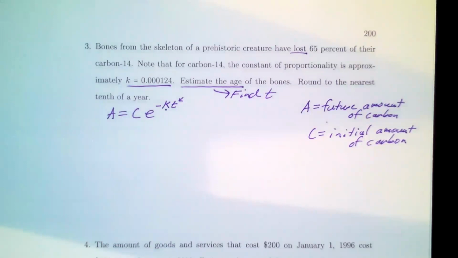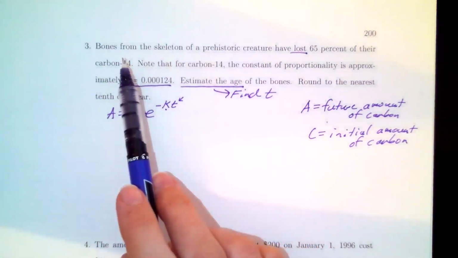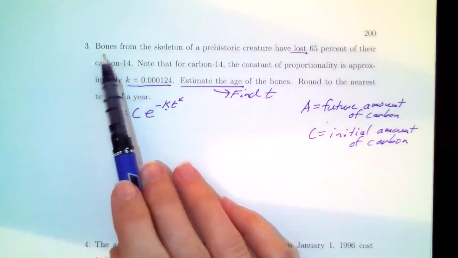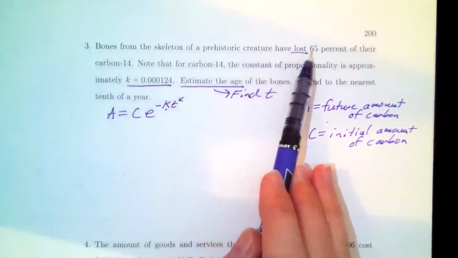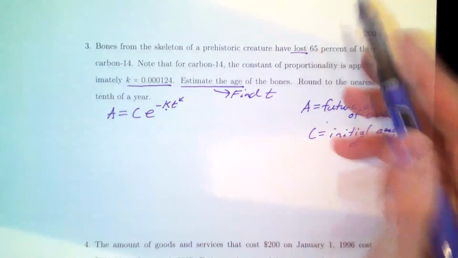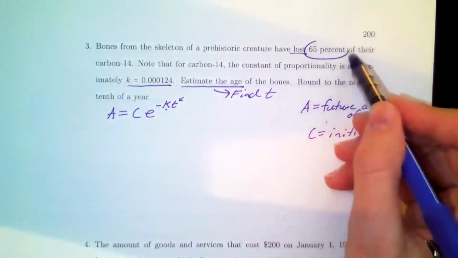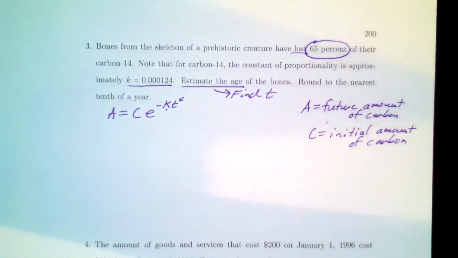The one thing it does tell me is that this creature has lost 65% of the carbon. Now that is a percentage, it's a ratio. And what I would really like to do is use the same trick that I used beforehand. So let me manipulate this equation.